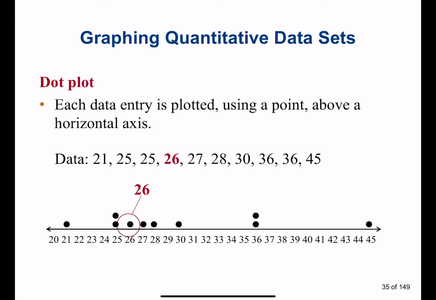A dot plot is very convenient to use, for example, in the automobile industry. We all know that if a car is, let's say, 8-cylinder, it's using about 21 miles per gallon. Mid-size is using 25, 26 miles per gallon.